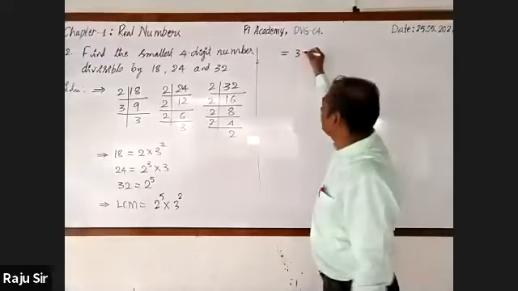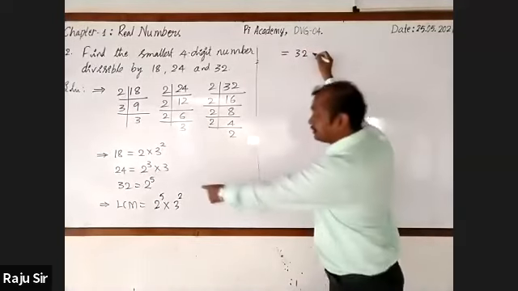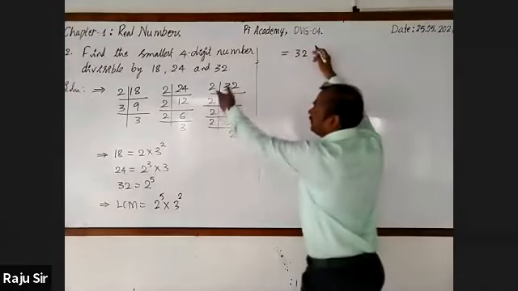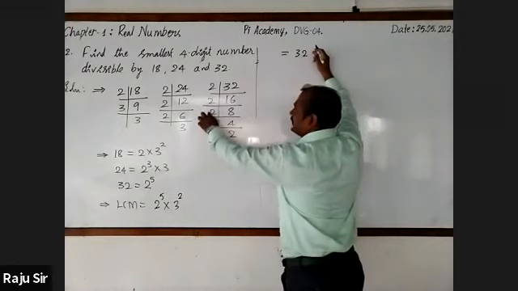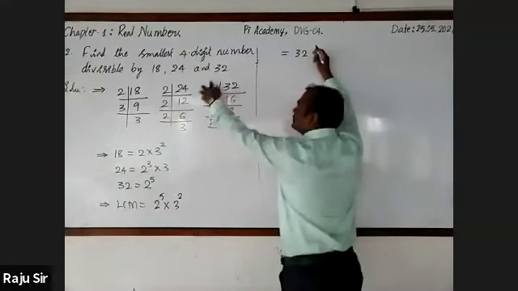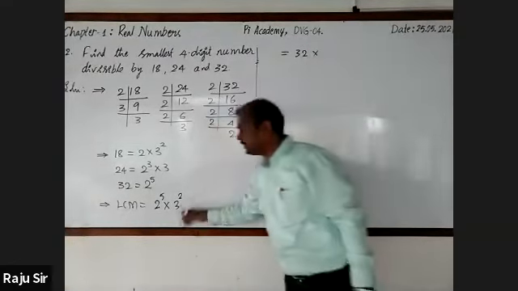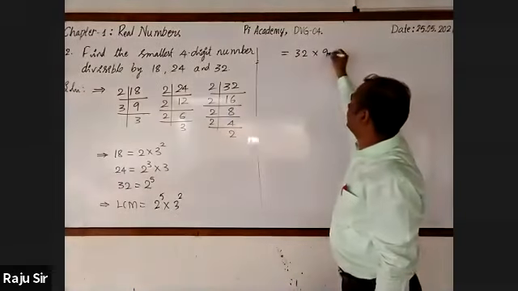2 raised to the power 5 is 32. Here we have 2 2s are 4, 4 2s are 8, 8 2s are 16, 16 2s are 32. Into 3 square is 9.